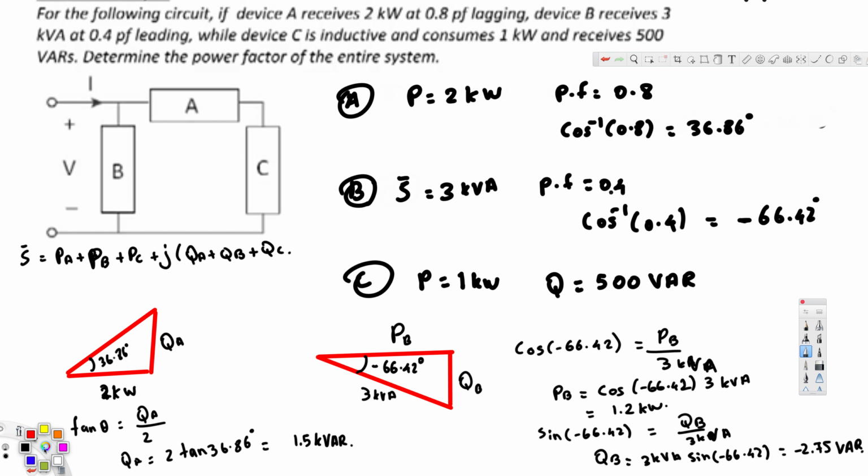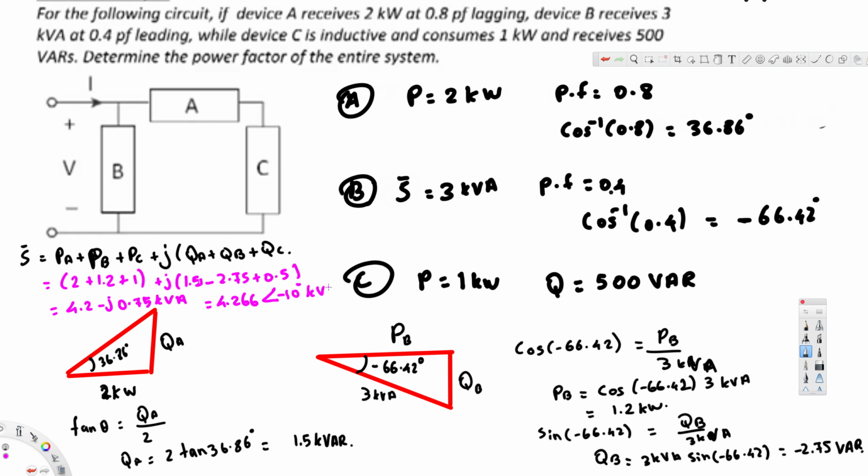Now let's plug in all the values. 2 plus 1.2 plus 1, plus j times 1.5 minus 2.75 plus 0.5, and that's going to give us 4.2 minus j0.75 kVA, and finally in polar form we will get 4.266 at negative 10 degrees kVA. Okay, and this is our apparent power.